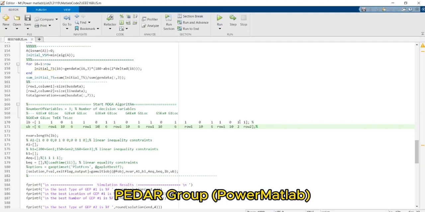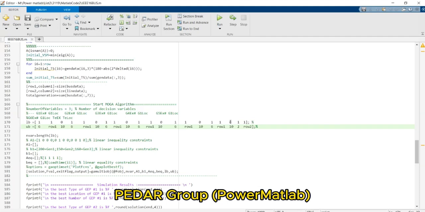Also, finally, we have the three independent parameters related to the transmission expansion planning, because we have one transmission expansion planning. Where is the best location for transmission expansion planning?